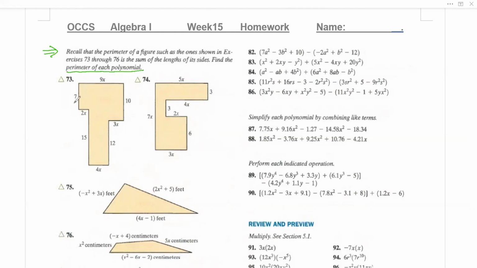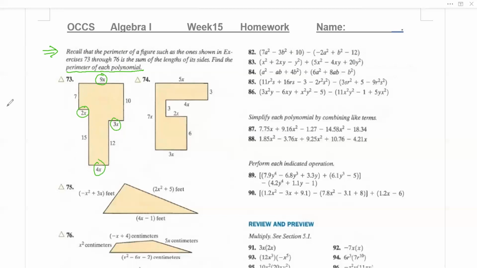You can see the perimeter is the sum of each side of these kinds of figures. So you can see some of the sides like 9x, 3x, 4x, and 2x.